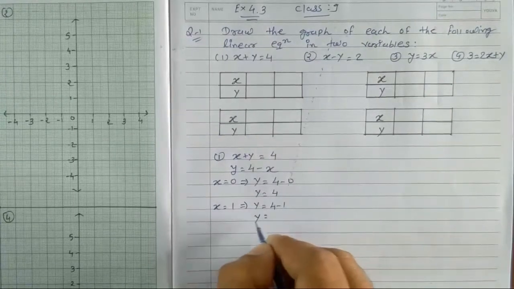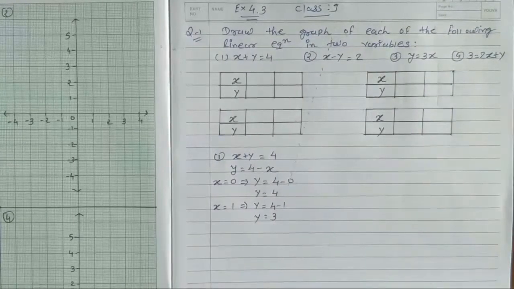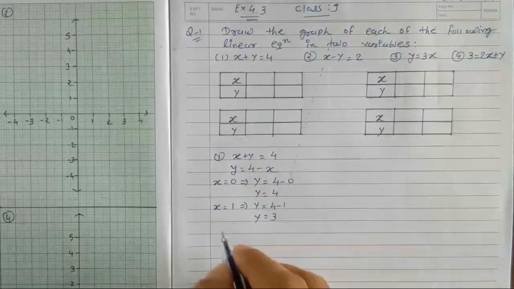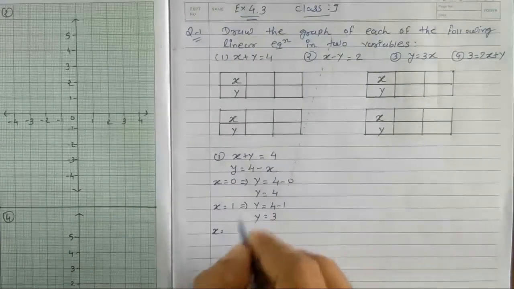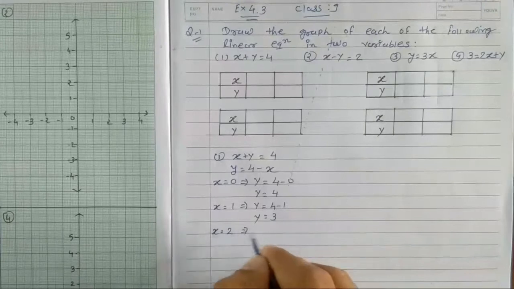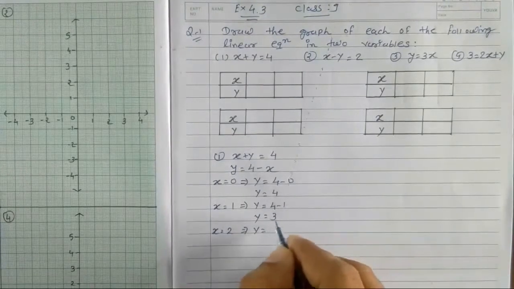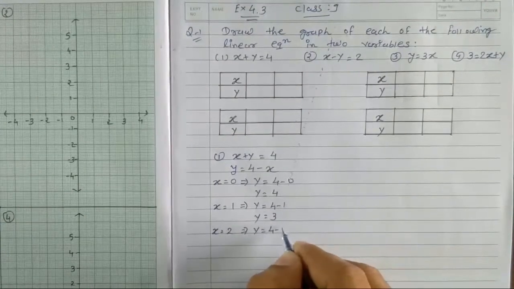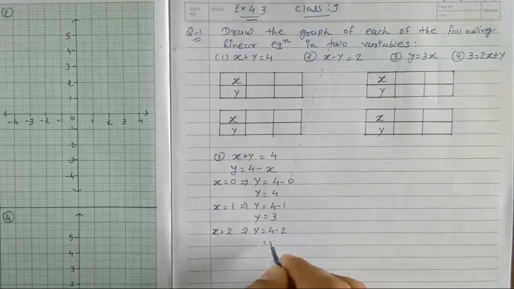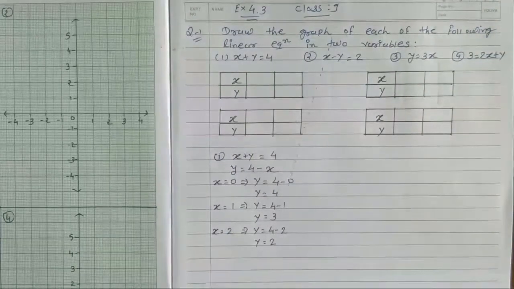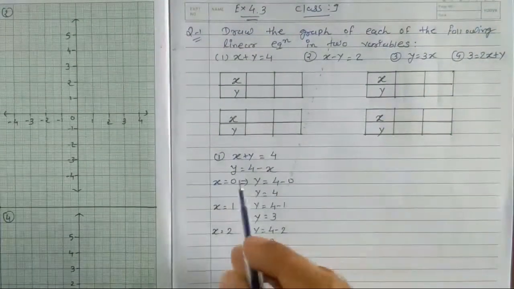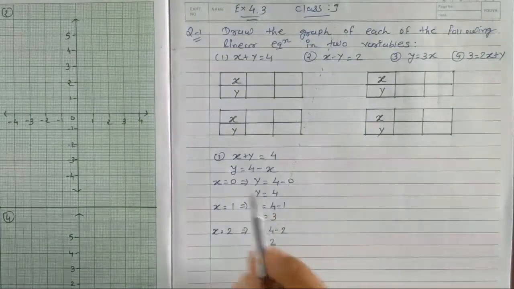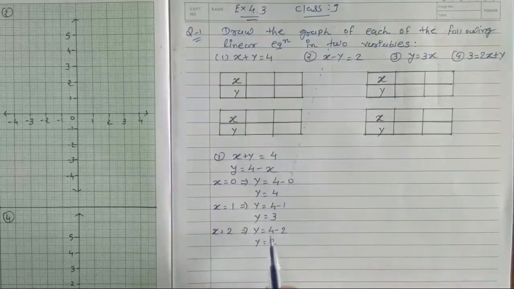That's why y equal to 3. If x equal to 2, then y equal to 4 minus 2. That's why y equal to 2. So we can take any value of x and get the value of y.